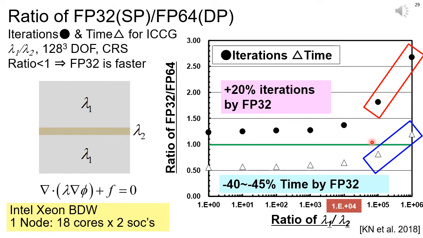If the ratio is more than 10,000, computing with FP32 is becoming unstable. Finally, FP32 is slower than FP64 if the ratio is 1 million. Actually, results are generally inaccurate for FP32 if the ratio is more than 10,000.